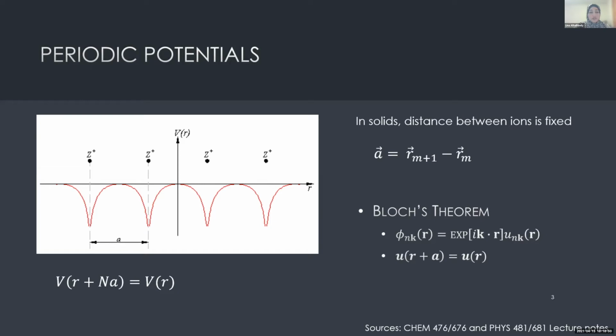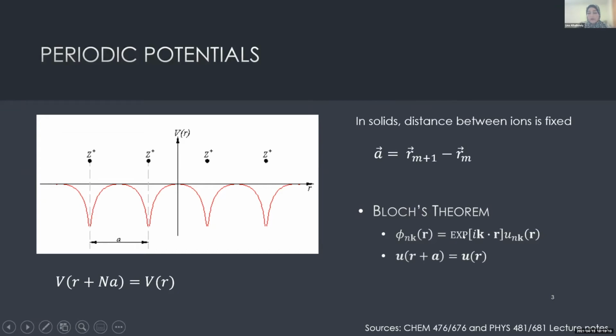And the solution of the Schrödinger equation in this case, as Bloch's theorem suggested, is in this equation, phi sub nk in terms of position. The solution is a plane wave times a periodic function.